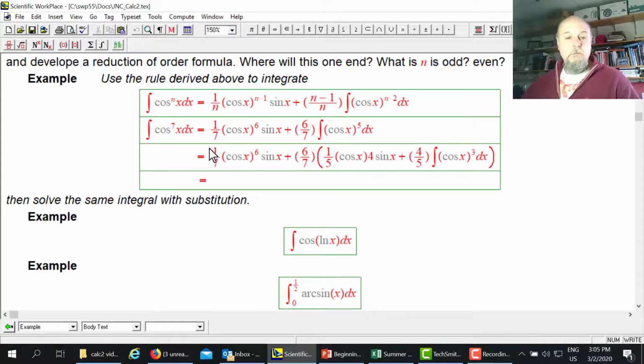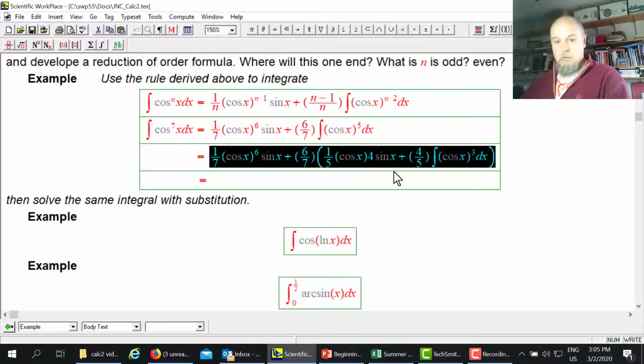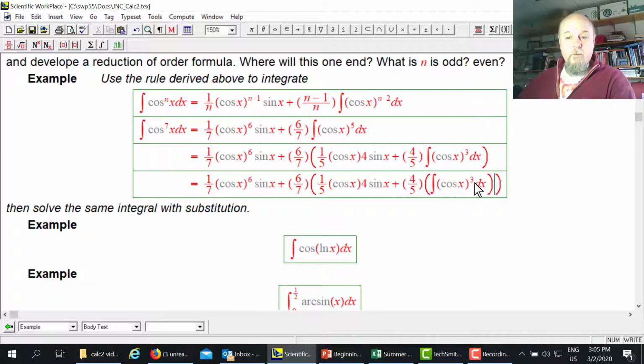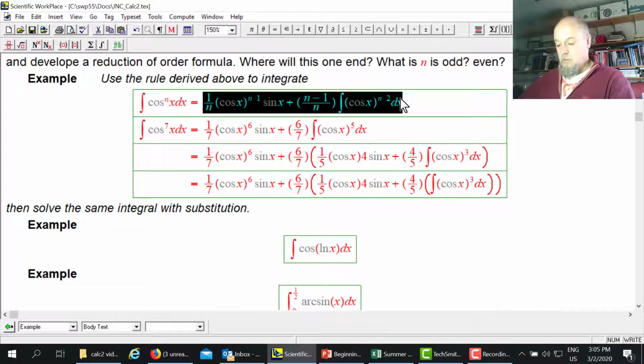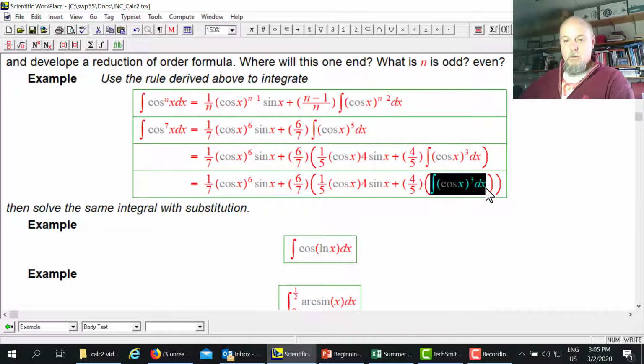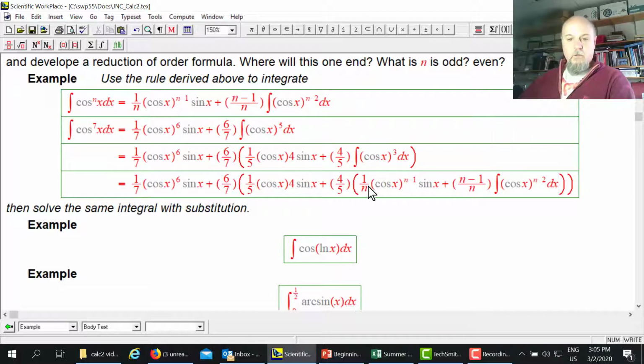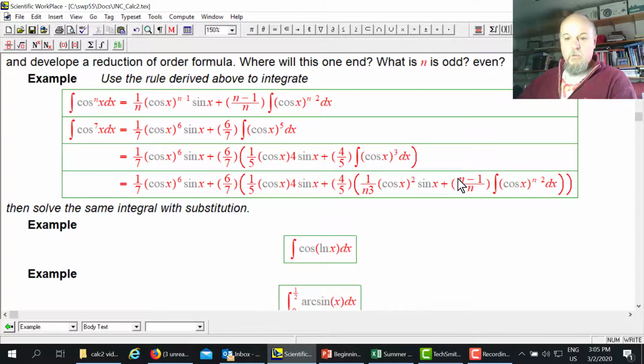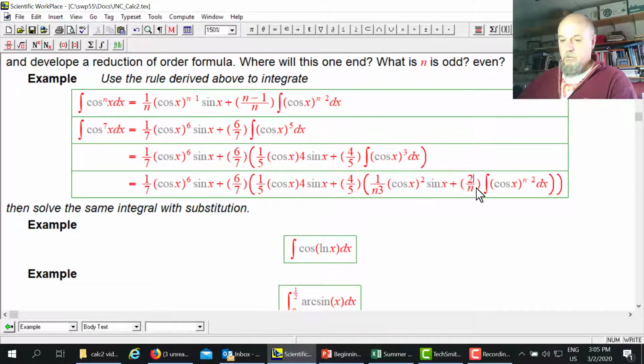So now I'm working with this integral. Put it in brackets. I'm working with this integral where n is equal to 3. So 3 minus 1 is 2. 2 over 3.